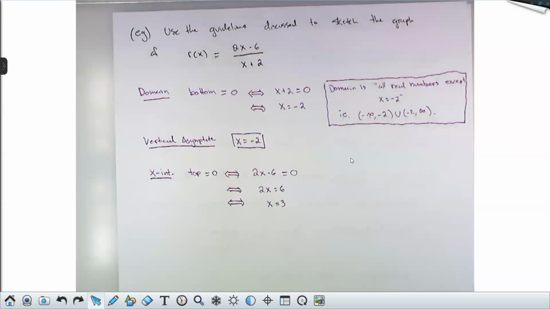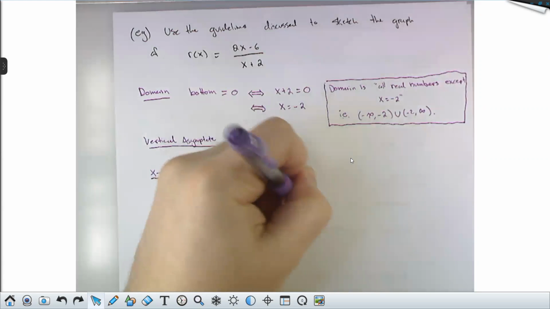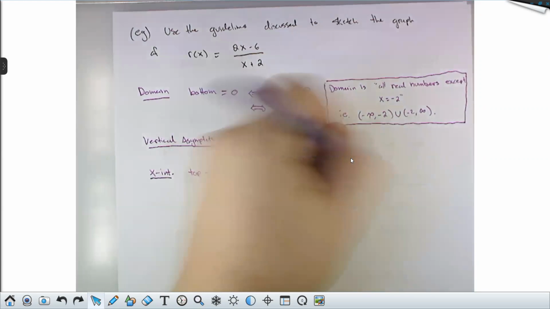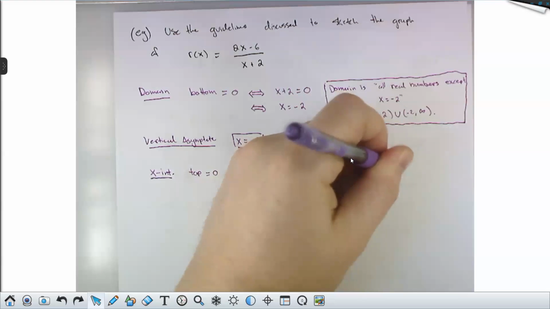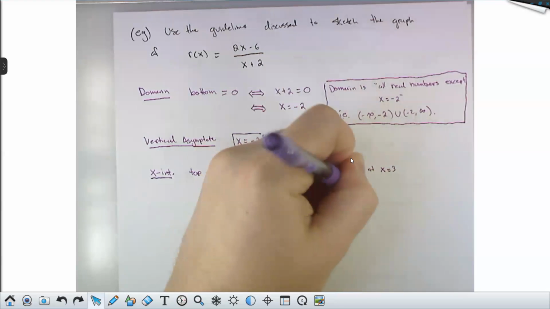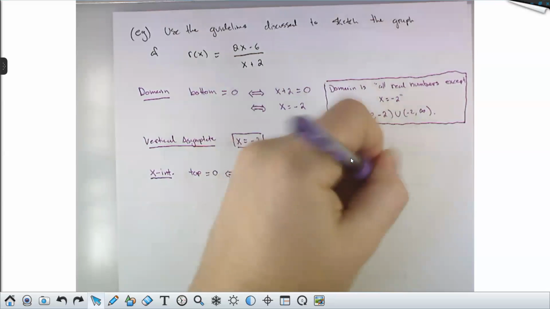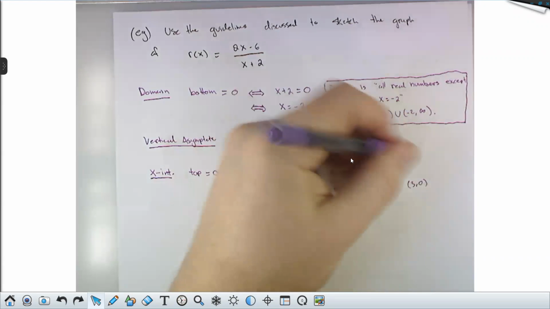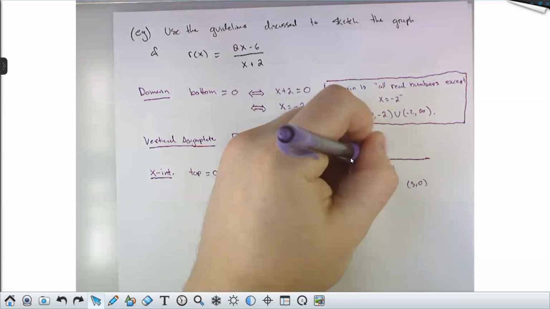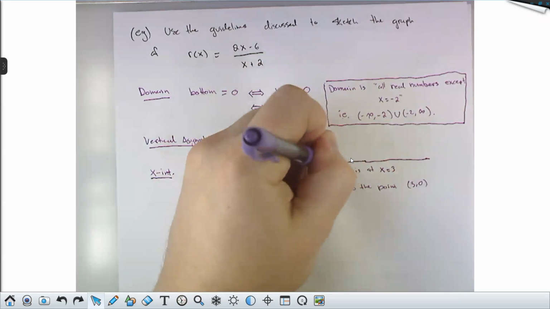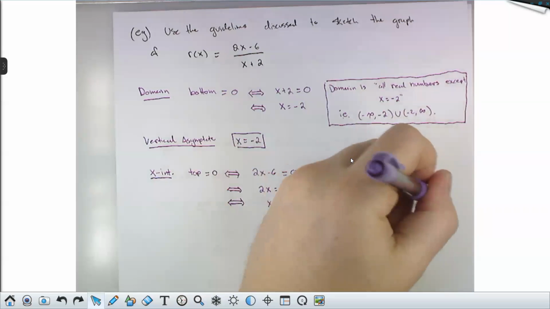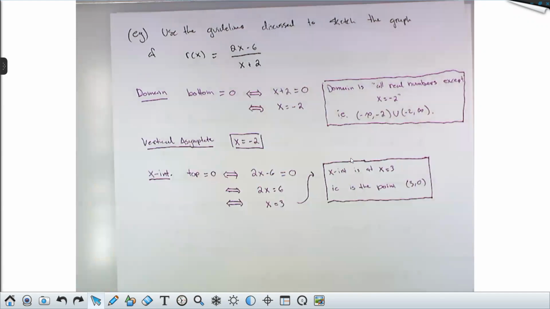So the x-intercept has x value 3. The x-intercept is at x equals 3, i.e. is the point (3, 0). And the y value at an x-intercept is always 0 because that's what the x-axis is. These are solutions, the x values that are solutions to the equation r of x equals 0.